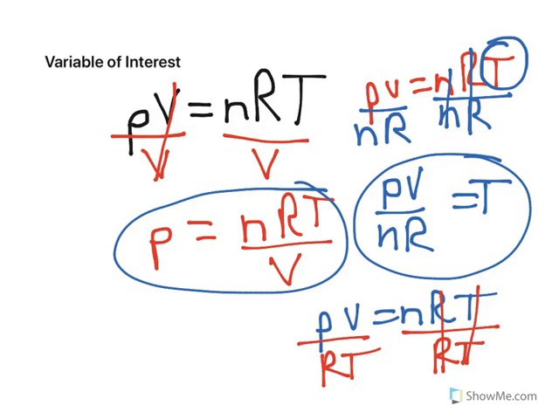T divided by T is 1. So you're left with 1N on the right, and it's equal to PV over RT. And that's how you solve for a variable of interest in a problem like this, where they're all multiplied by each other. Let's look at another example.